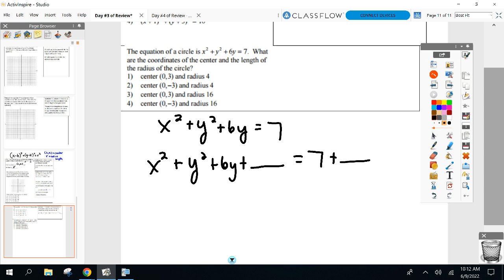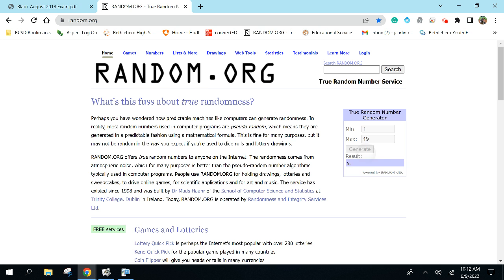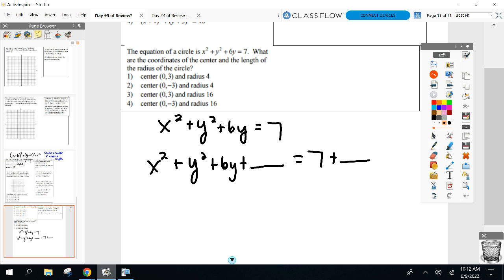I'll give you a second. I'll call on somebody to see what my new value is over there that you got to add to it. Half your b value, square it. What's the number I'm going to add to the y's here? Okay, I'm going to reteach it now.